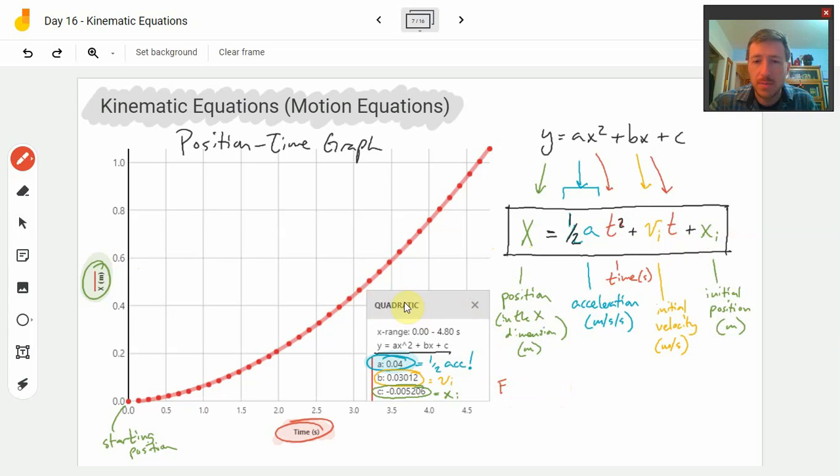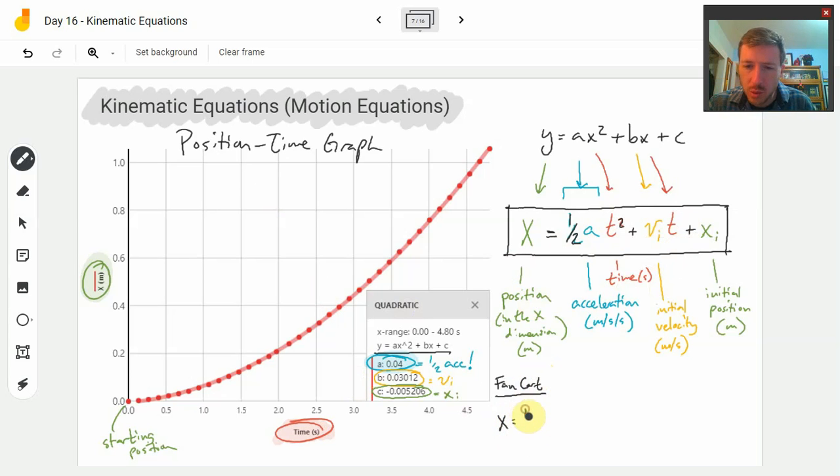So similar with our fan cart, if I wanted to make a prediction about its position at a certain point in time, given its acceleration, given its initial velocity, given its starting position, I could write an equation to describe that, and that would be its position at any point in time.